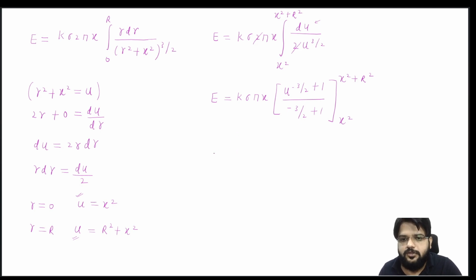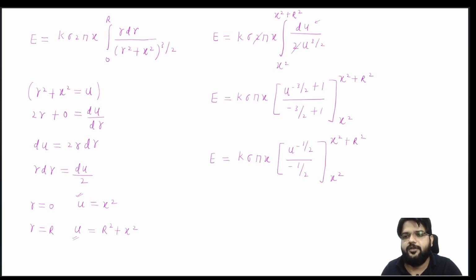So let's see the next step, everyone. k sigma pi x, and here we have u power minus 1 by 2, and in the denominator we have minus 1 by 2. Now we need to put this limit.